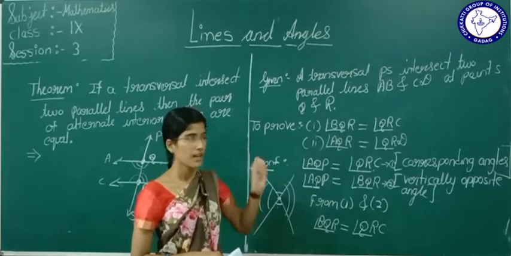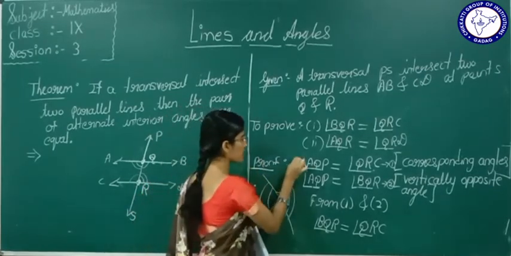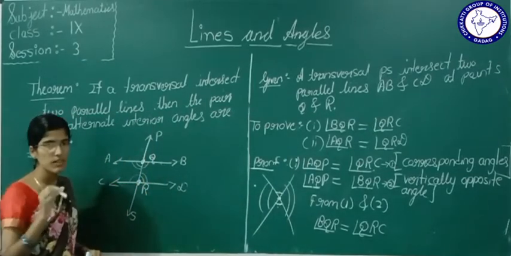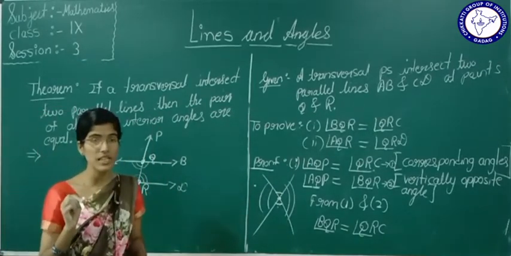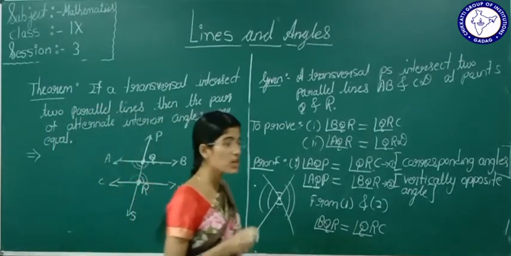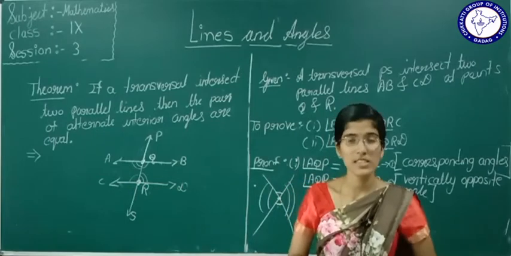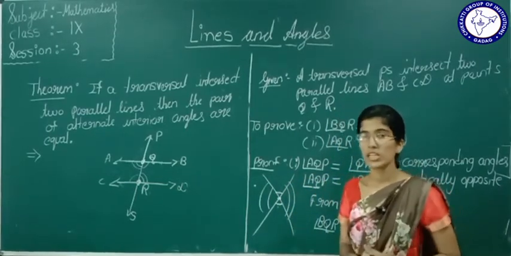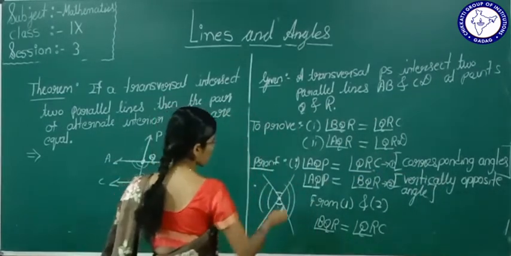If a transversal intersects two parallel lines, students, this is very, very important. Not just any line, if a transversal intersects two parallel lines, then the pair of alternate interior angles are equal. Now we have proved the first one.